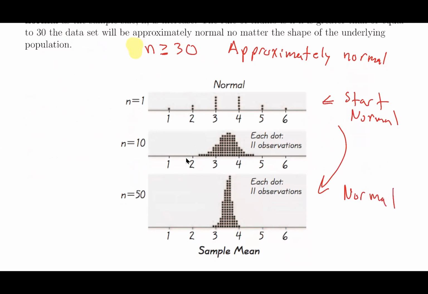So if the original distribution starts off as a normal distribution, it doesn't matter how big or how small of a sample size we get, it would still be considered a normal distribution. You only really want to apply the central limit theorem when your distribution is not normal.